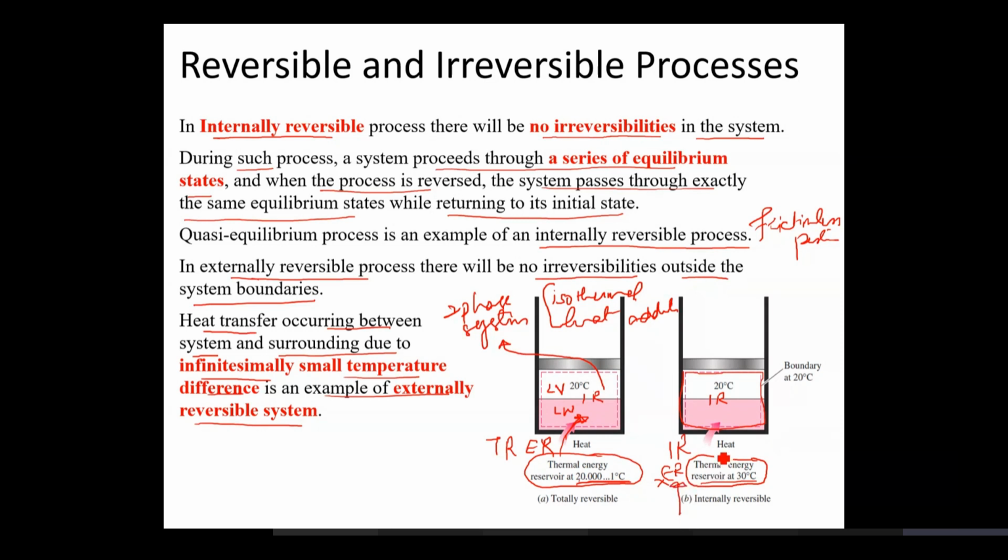Reason being, heat transfer through the finite temperature difference between the system and the surroundings makes it an externally irreversible process. Is this point clear to you? Yes, sir. All right.